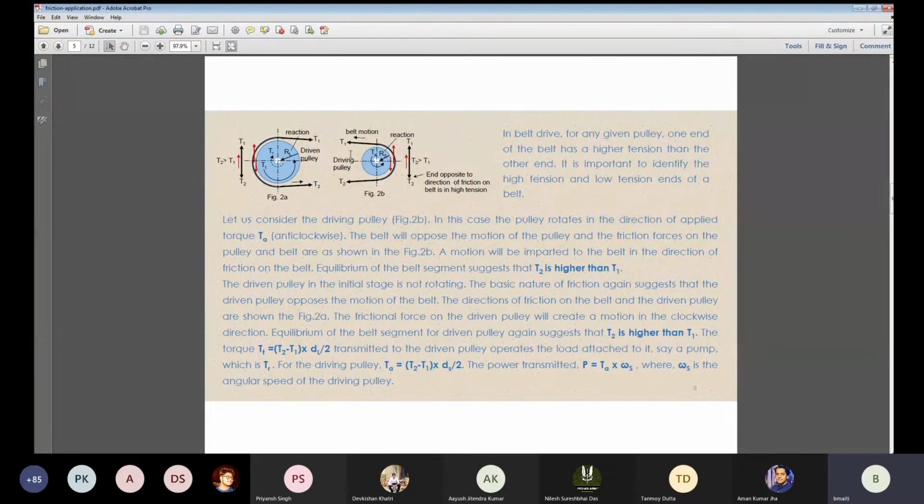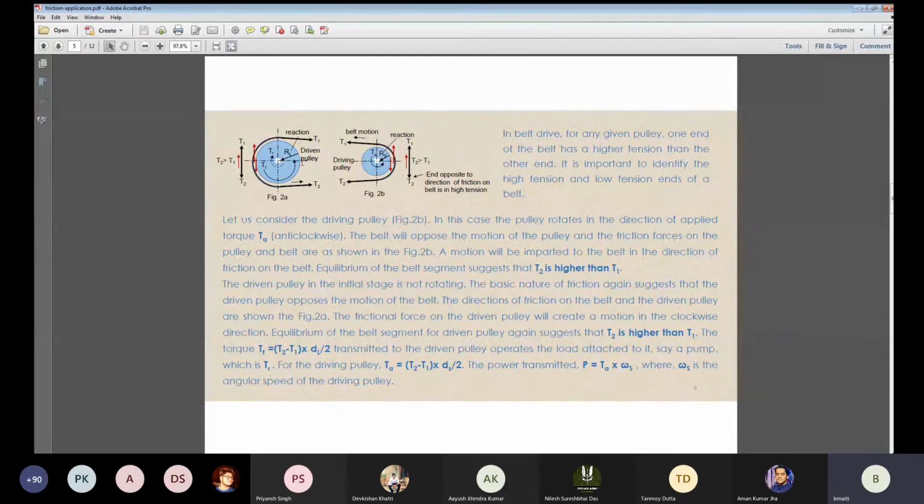Mu could also be different for both pulleys, say one is a wooden pulley and another a steel pulley, but for the example I consider mu to be the same to make it simpler.